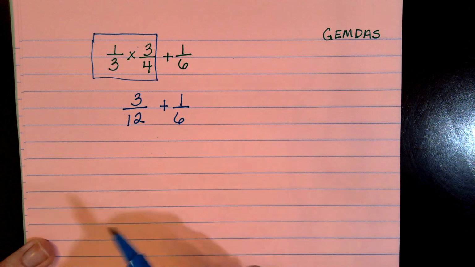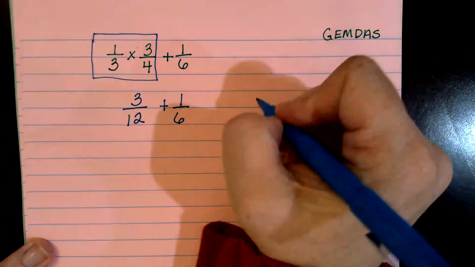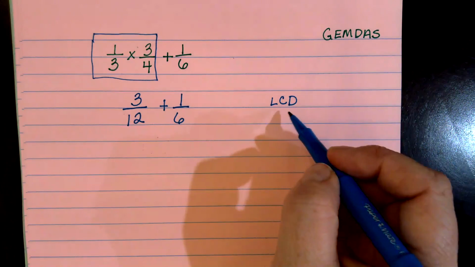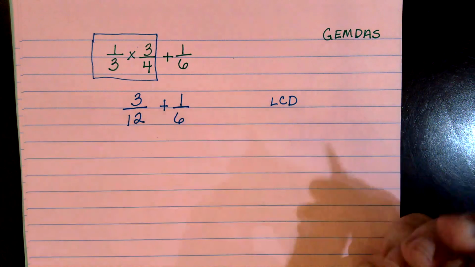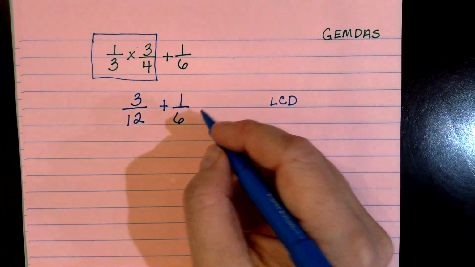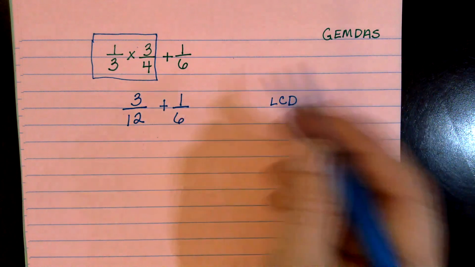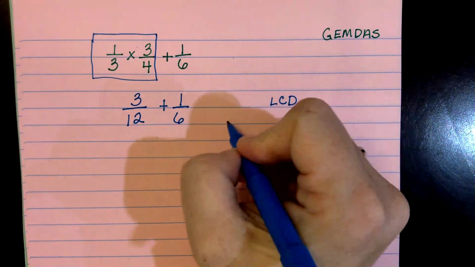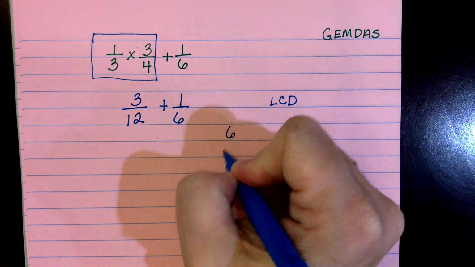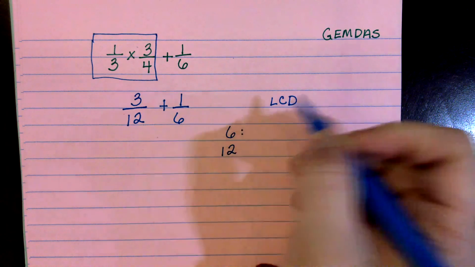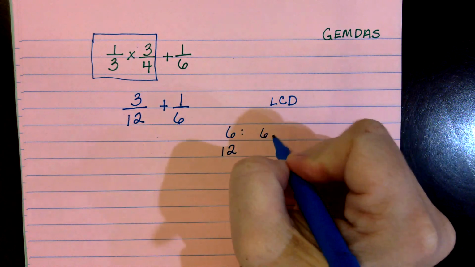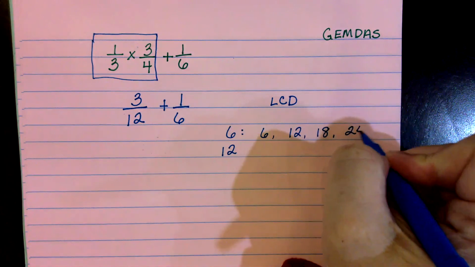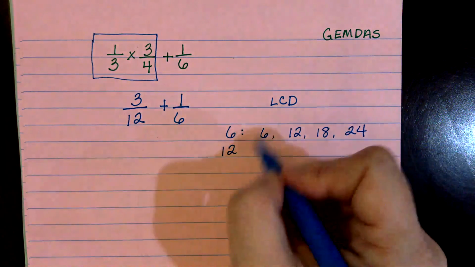In doing this, I am just going to go ahead and find my least common denominator. Once we get our LCD for 12 and 6, and we get an equivalent fraction, then we can do the addition. So the way that we get the LCD is by listing the multiples of 6 and 12. The multiples of 6 are 6, 12, 18, 24, and we could keep going on.